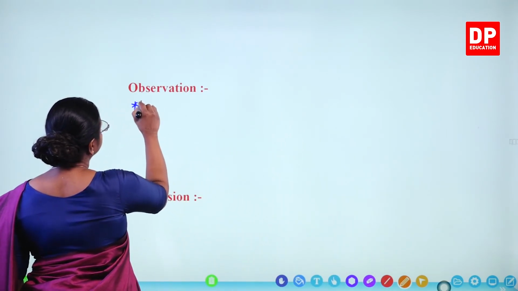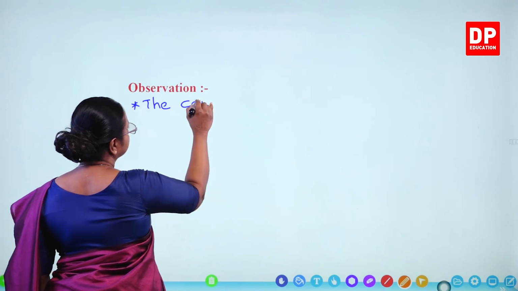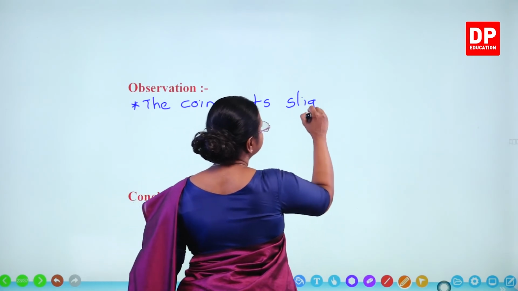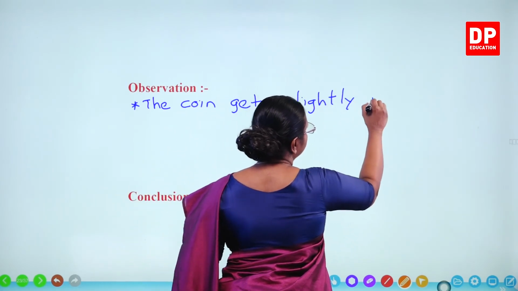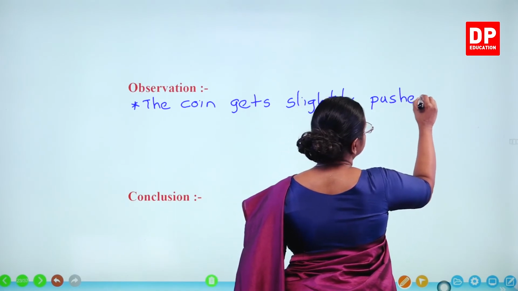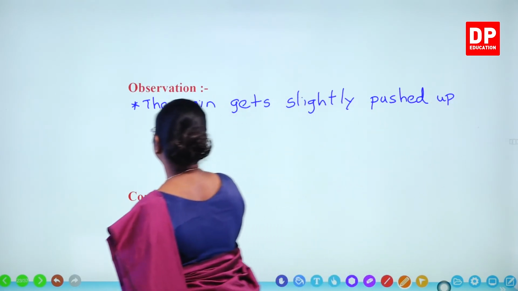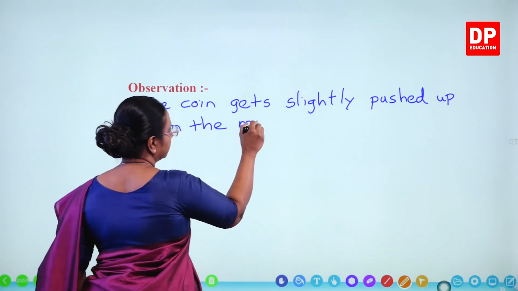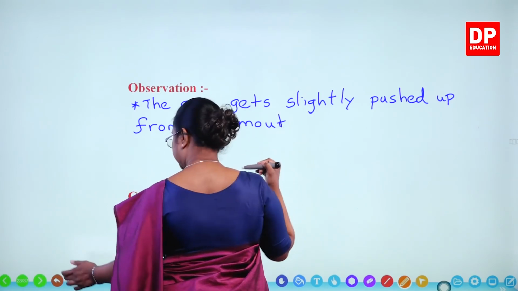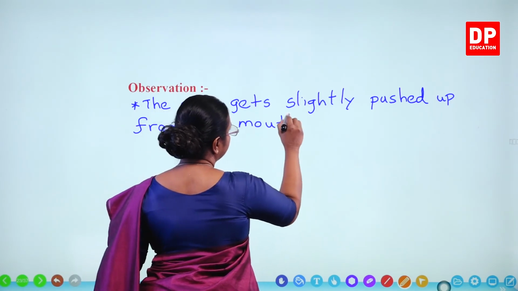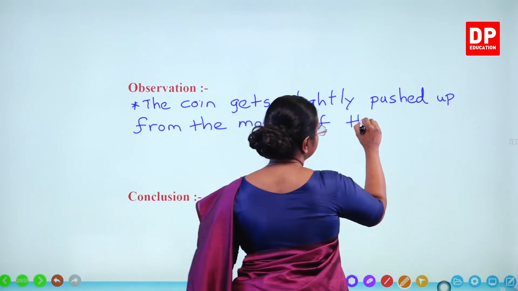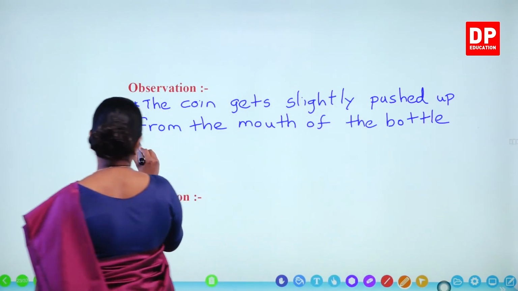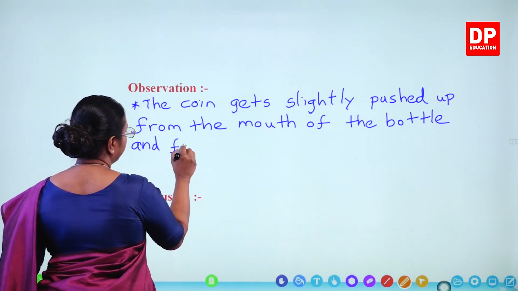The coin gets slightly pushed up from the mouth of the bottle and falls back.